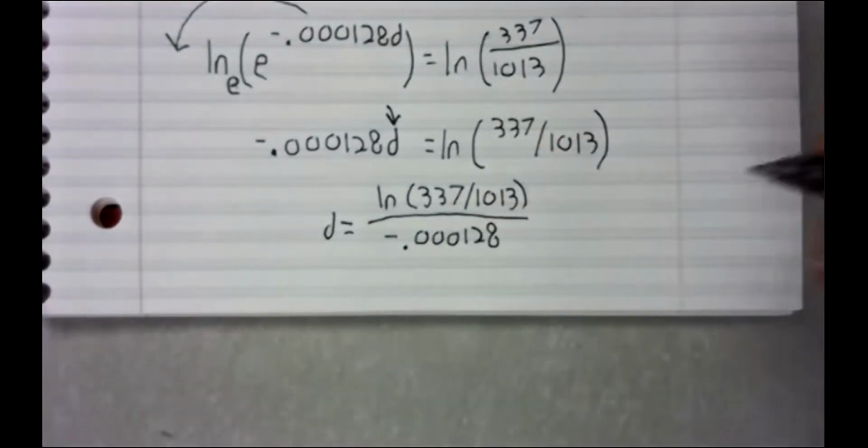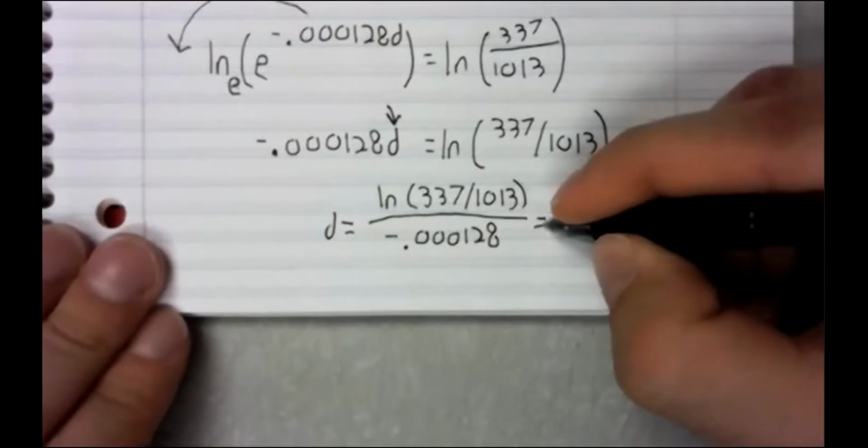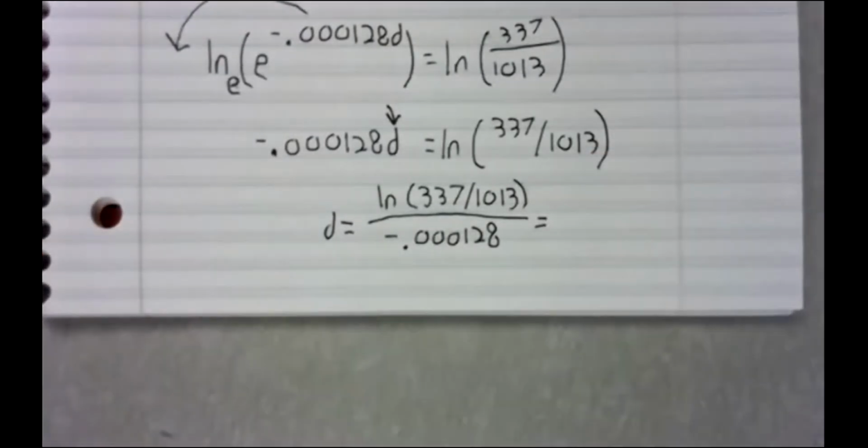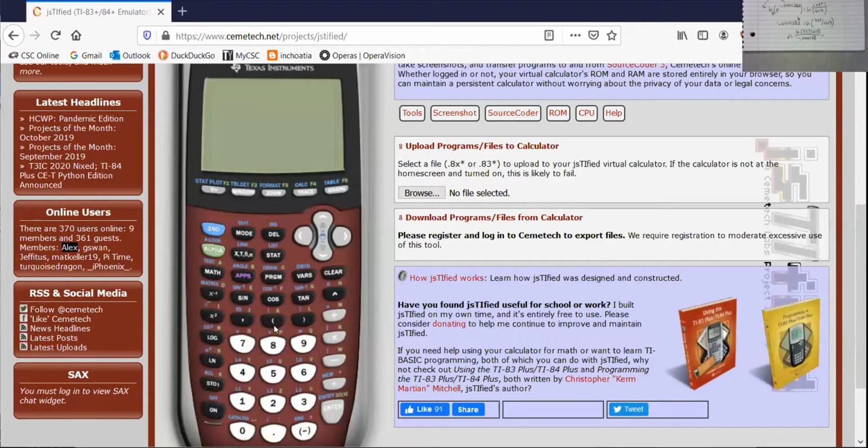Like so. And if we want to get a decimal approximation, which we definitely do, because if you tell somebody that you're going to climb the natural log of this fraction divided by this decimal, they'll have no idea what you're talking about.